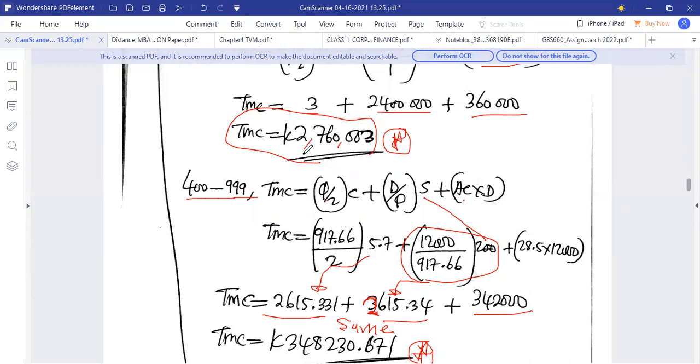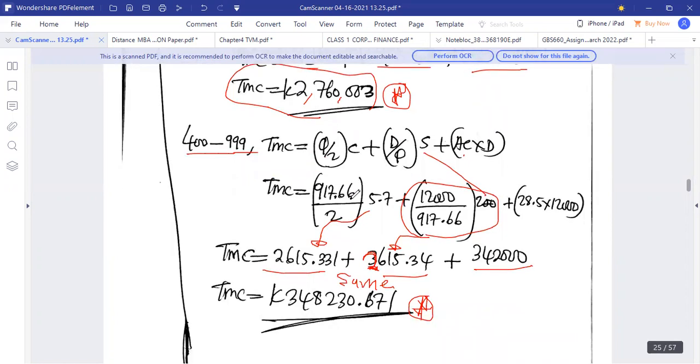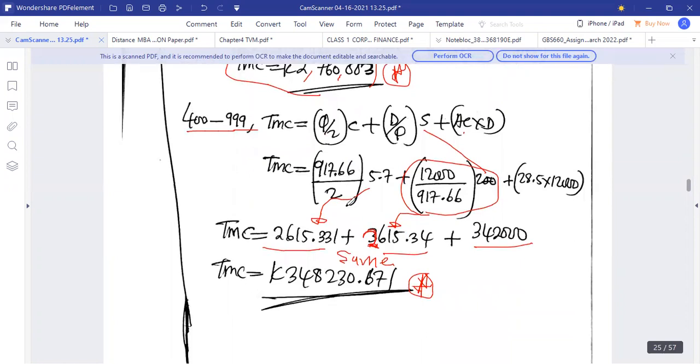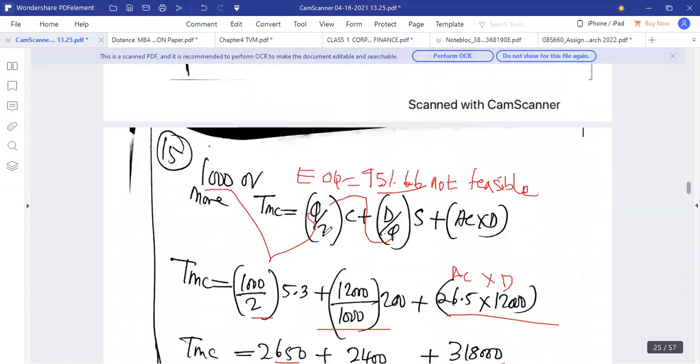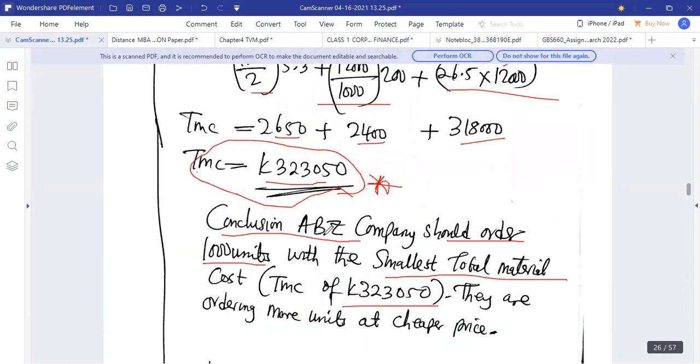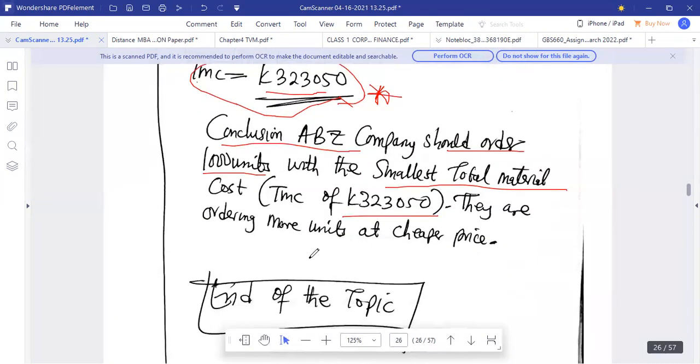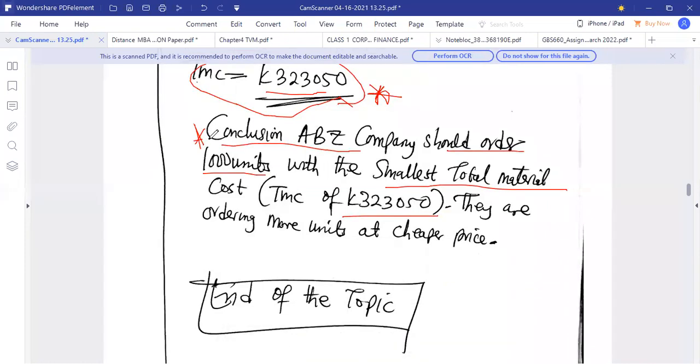It's not in thousand, it's million. 2,760,003 kwacha. Then the other one we're talking about is 348,000. And the other one is 323,050. So our conclusion here is that we should order 1,000 units with the smallest total material cost of the stated amount.